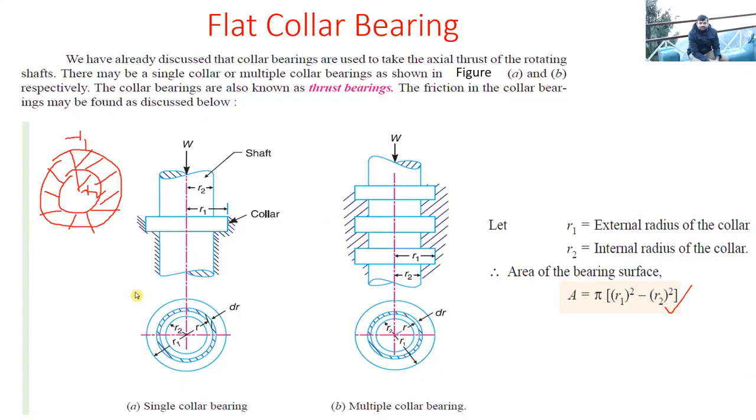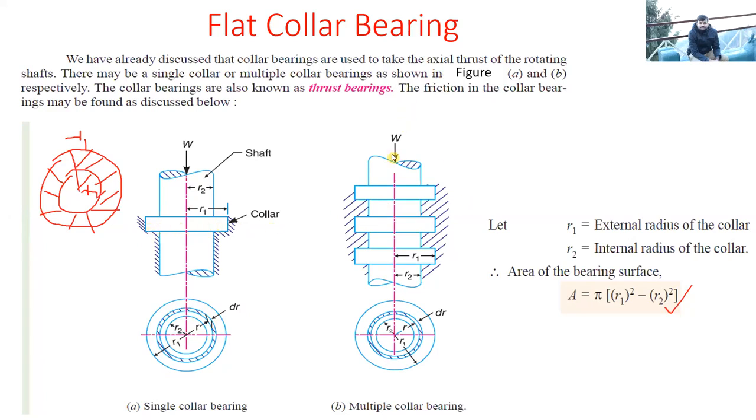In order to arrive at the equation of frictional torque, again we will consider a small elemental ring at a radius r, and that elemental ring has a thickness of dr. So again, the area of this elemental ring will come out to be 2 pi r into dr. Now, this is a single collar shaft.